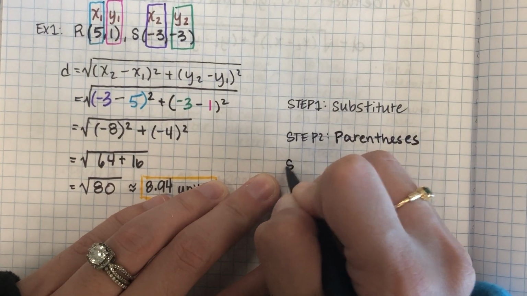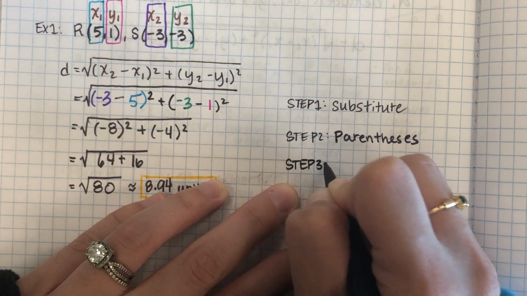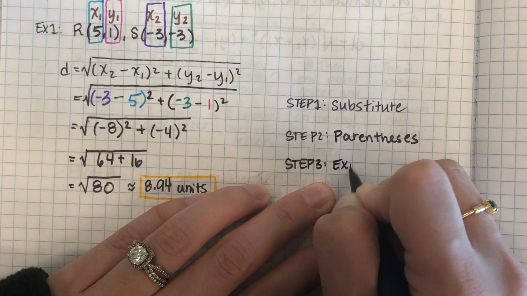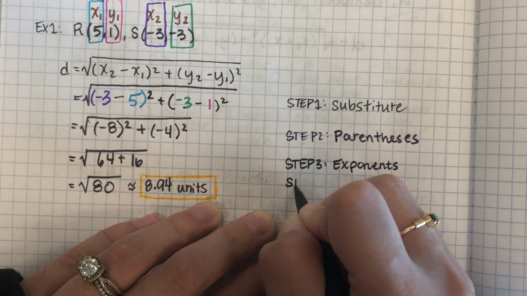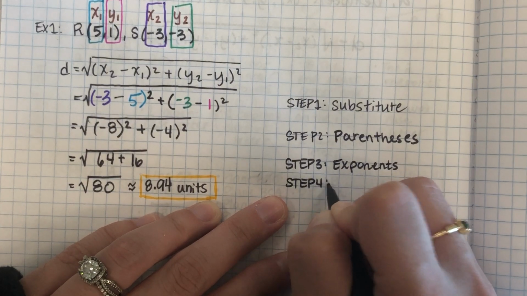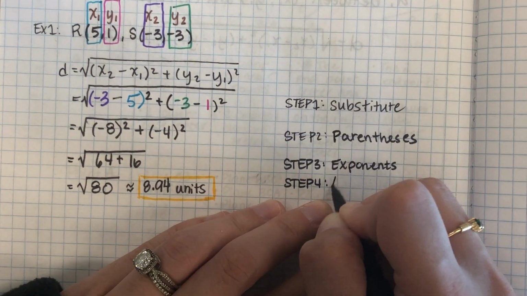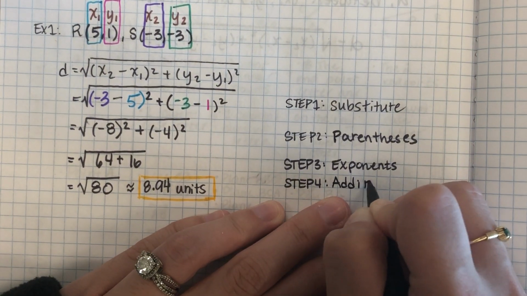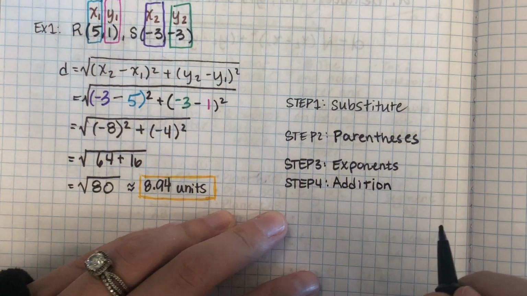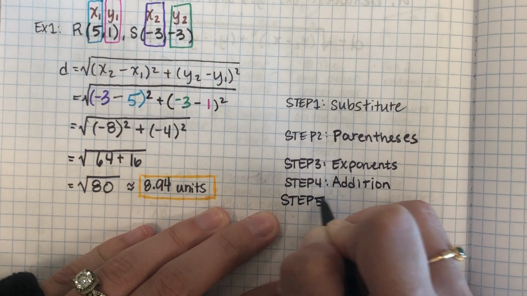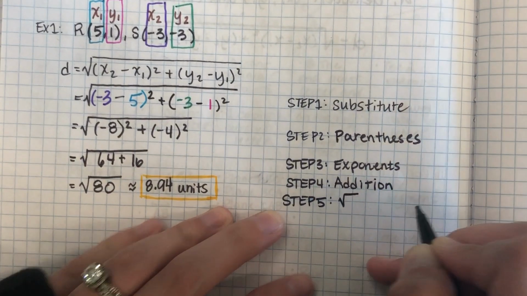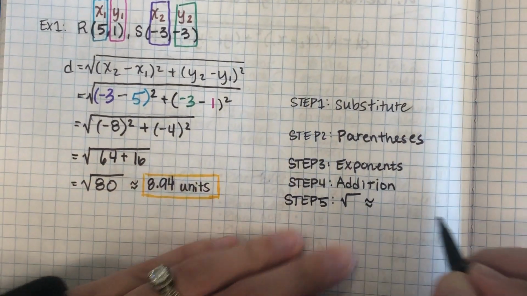Then for step 3, following PEMDAS, we did our exponents. For step 4, we did our addition, following our PEMDAS. And then our last step, step 5, was to take the square root and to get an approximate answer.